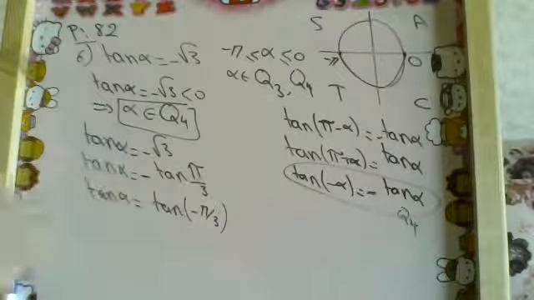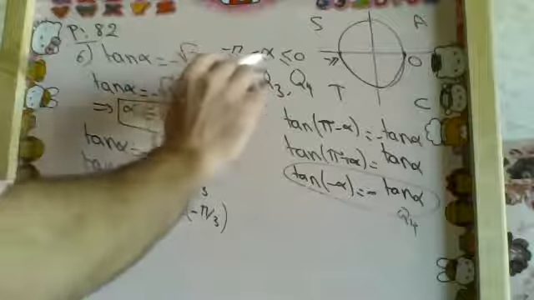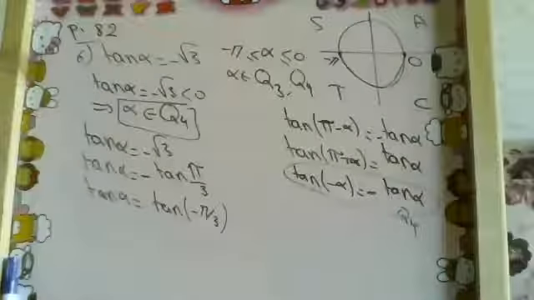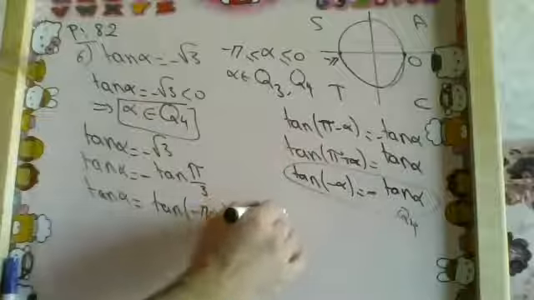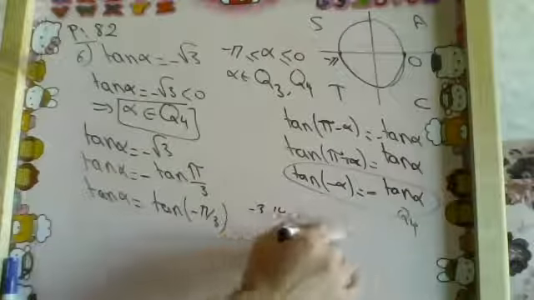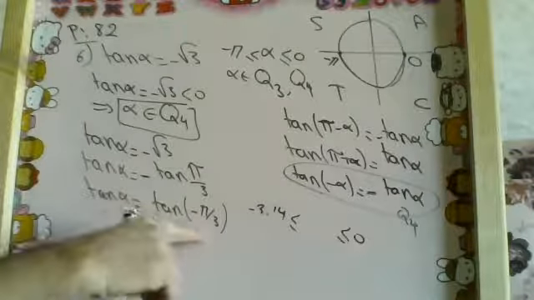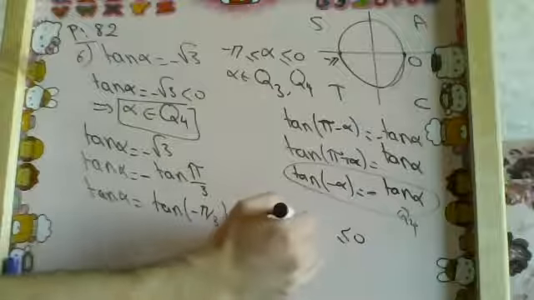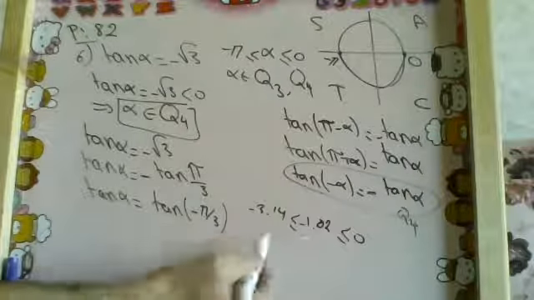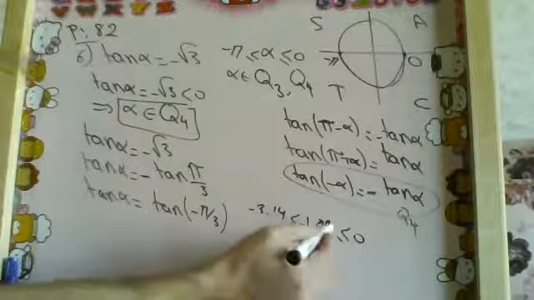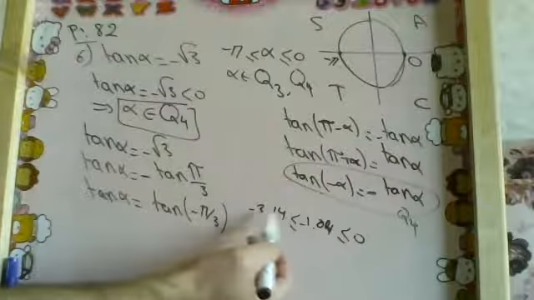Negative pi over 3, is it in the interval from negative pi to 0? Yes. Negative pi is negative 3.14 and 0, and negative pi over 3 is negative 1.04, which is between negative 3 and 0.